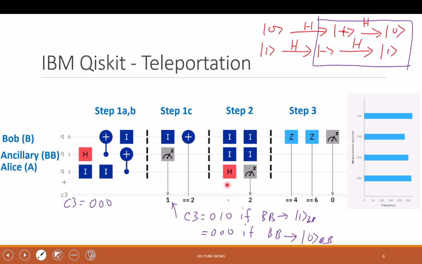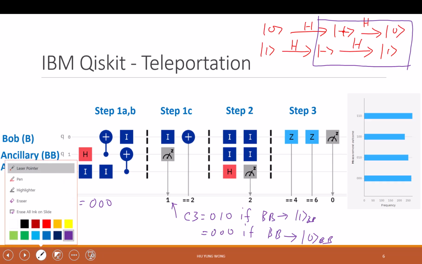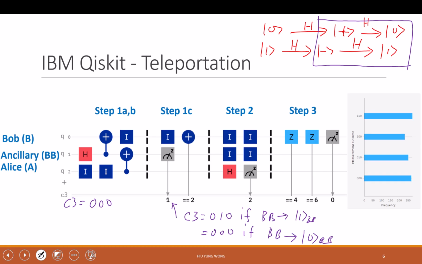Because after applying the Hadamard gate, if I get 0, it means I would have gotten plus before the Hadamard gate if I measured in the plus minus basis. Make sense? So at this point, getting 0 is equivalent to getting plus without the Hadamard gate.